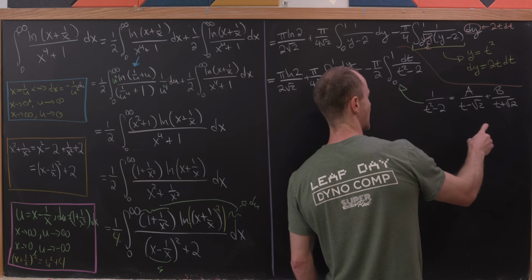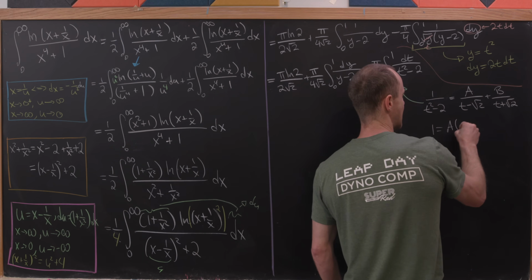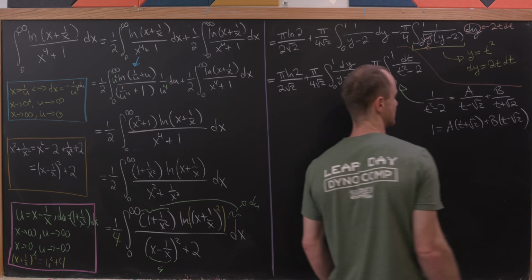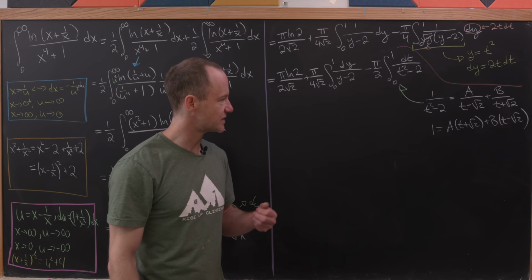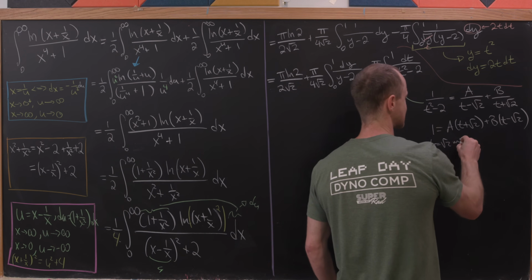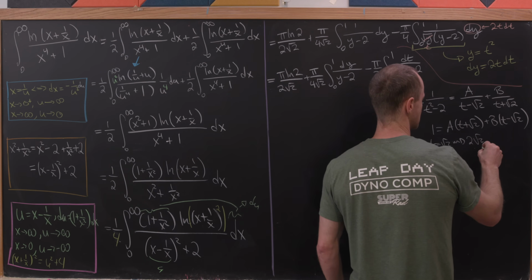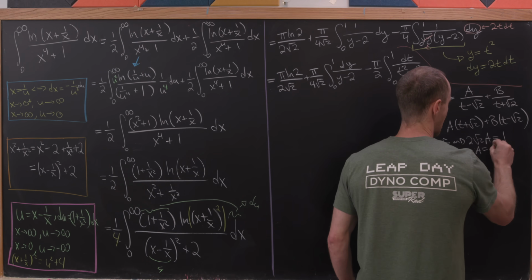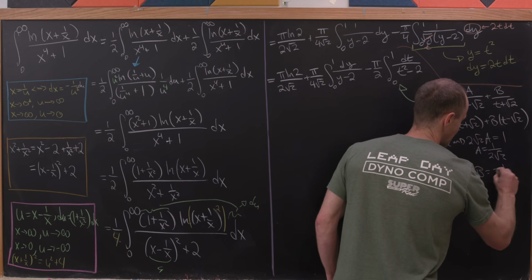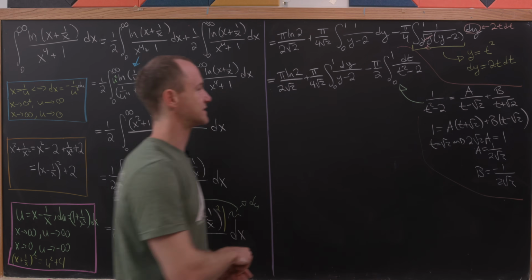Multiplying by the denominator t squared minus 2, we'll have 1 equals a times t plus root 2 plus b times t minus root 2. Let's set t equal to the square root of 2, and that's going to give us 2 times the square root of 2 times a equals 1, which means that a is 1 over 2 root 2. And then likewise, we can quickly find that b is minus 1 over 2 root 2. And that's what those a's and b's are going to be.